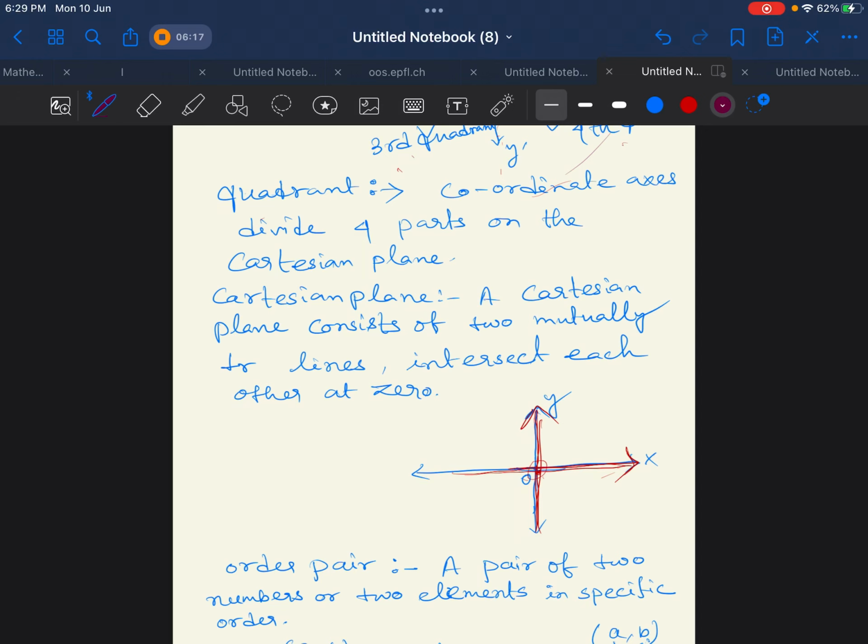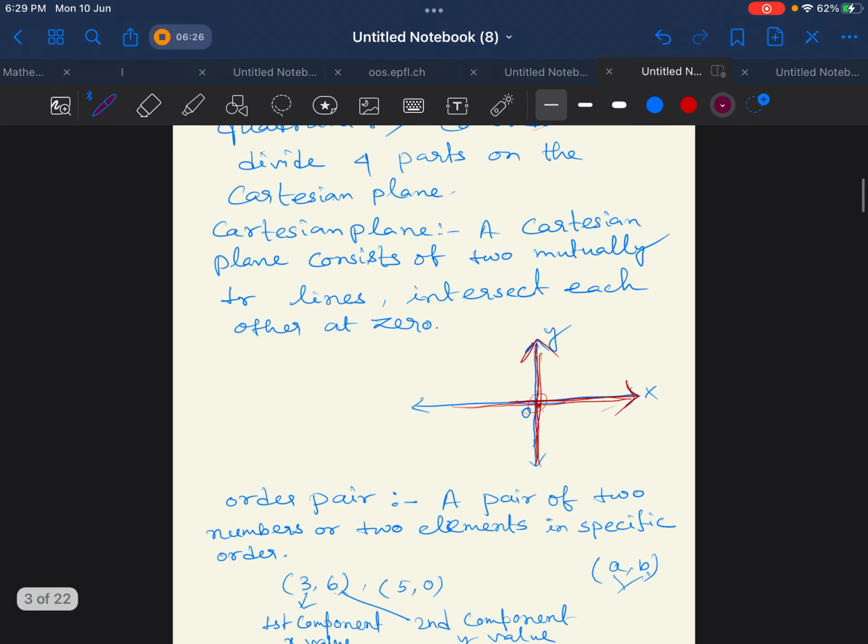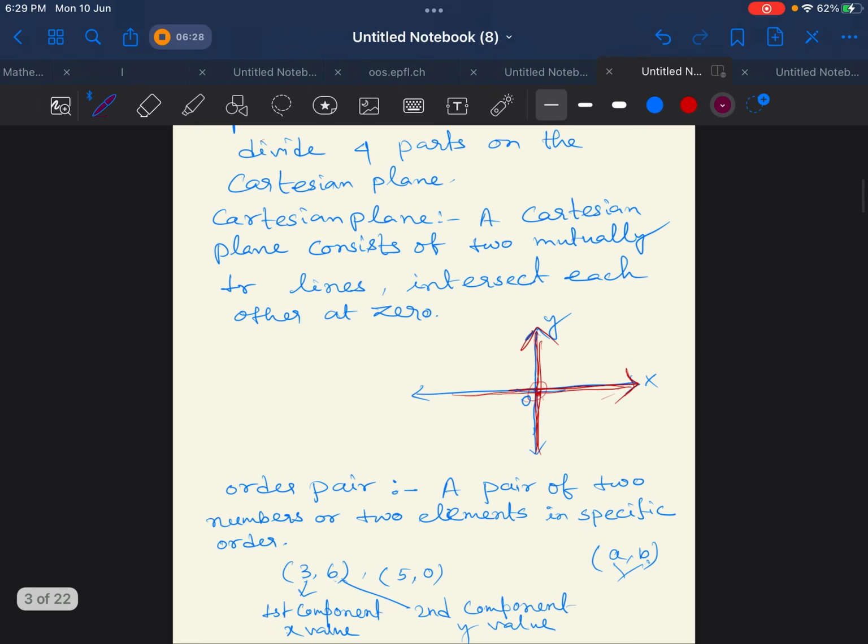Now we have to know the Cartesian plane. So what is a Cartesian plane? A Cartesian plane consists of two mutually perpendicular lines that intersect each other at O. Suppose this is a plane.